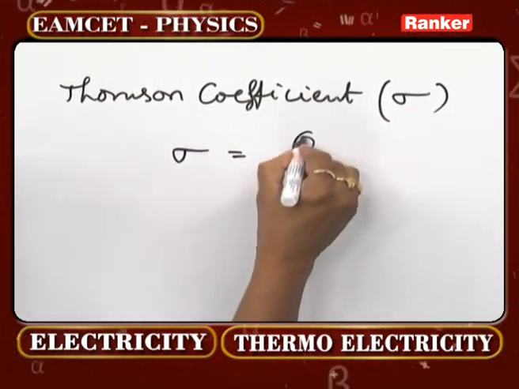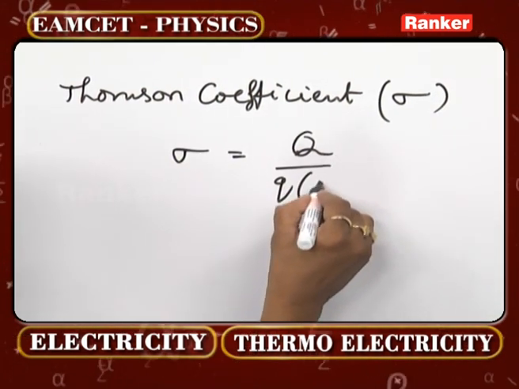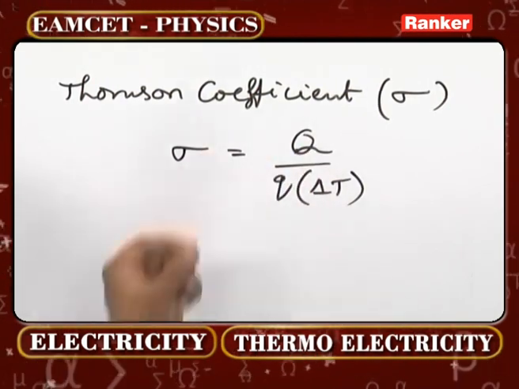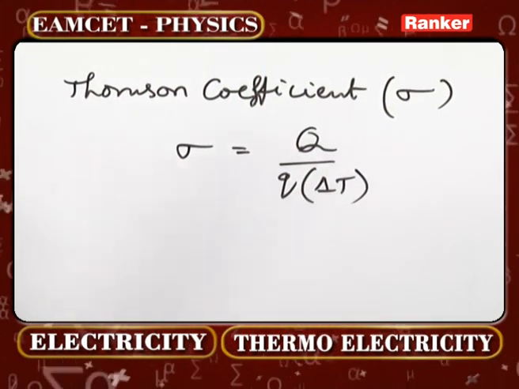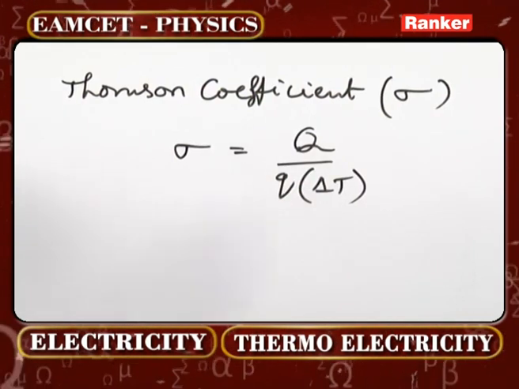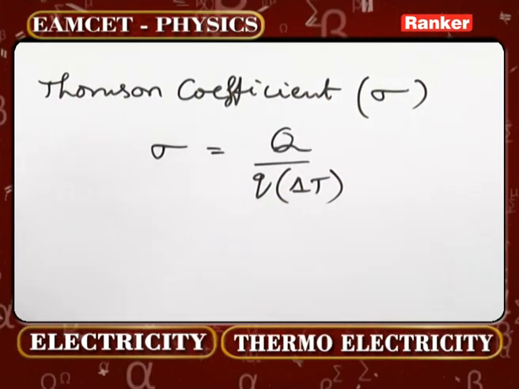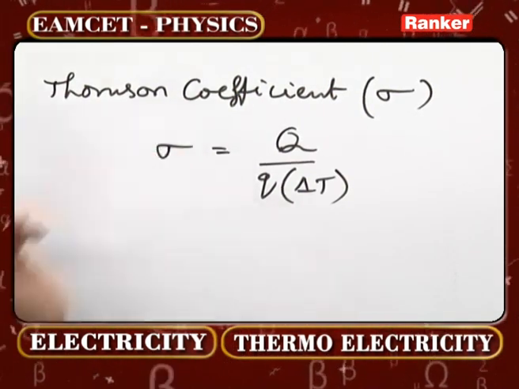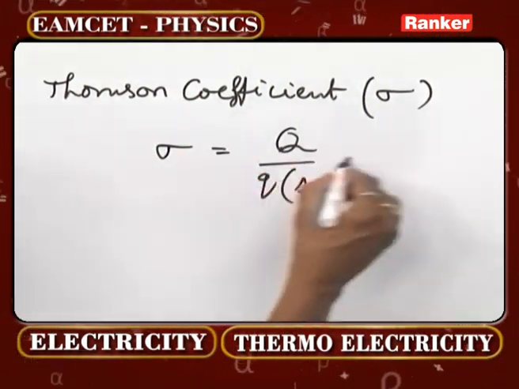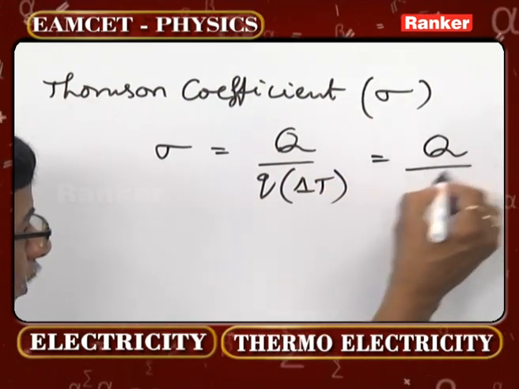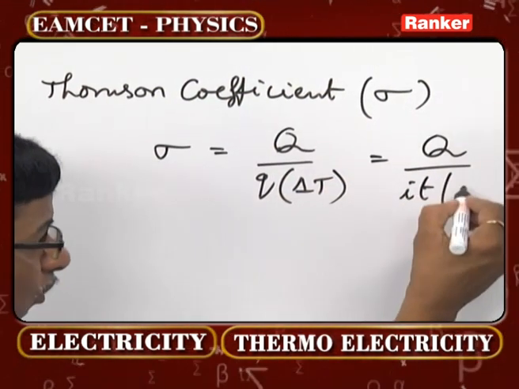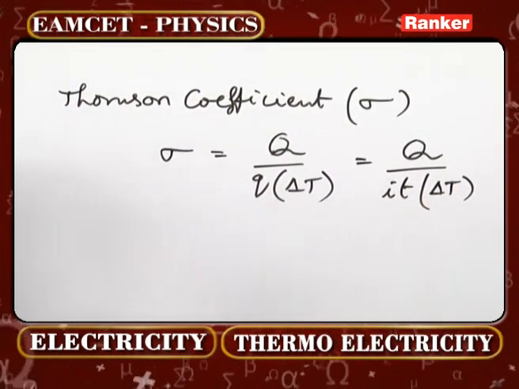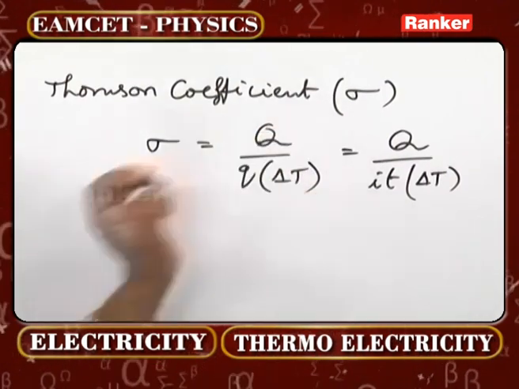Sigma is equal to Q by small q into delta T. Capital Q is the quantity of heat absorbed or evolved, and small q is charge. What is delta T here? It is the variation in temperature across those two points where you are calculating the Thomson coefficient. In other words, you can also write it as capital Q by I into small t into delta T, where small t is time and delta T is the variation in temperature.